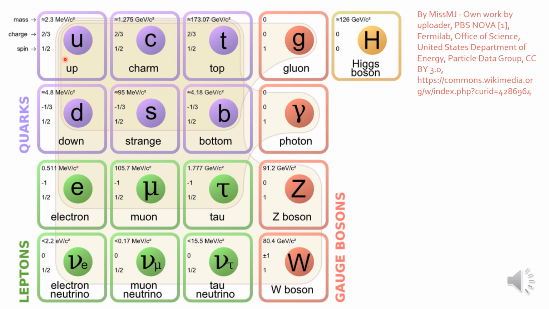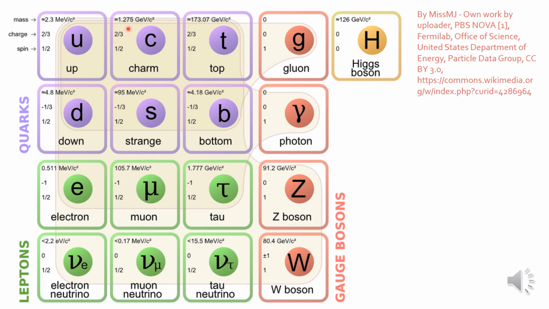Now if you look, the up has a charge of plus 2/3, the down has a charge of negative 1/3, the electron has a charge of negative 1, and neutrinos, as mentioned earlier, are chargeless. If we look at the next column, we will see that the charge is the same as the one across.